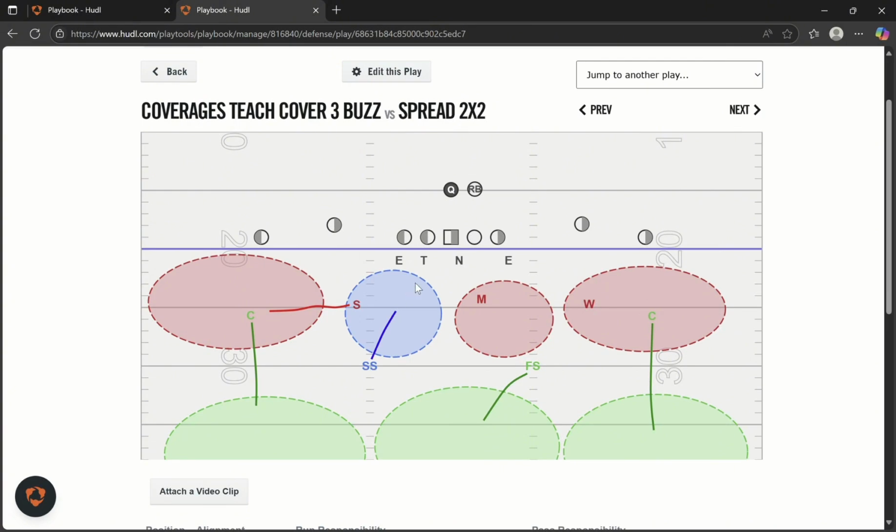He's going to take that strong side backer's responsibility and jump down into the hook to curl zone. That strong side backer is going to go from curl to flat, and our strong side corner is going to be playing deep third. The Mike is the same, the weak side backer is the same, and the weak side corner is the same, covering deep third.